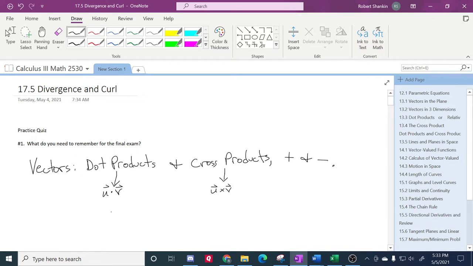The dot product measures how close two vectors are to being parallel, and it returns a scalar value. Very good. It tells us how much they're going in the same direction or going parallel. Very good. And the cross product tells us what?